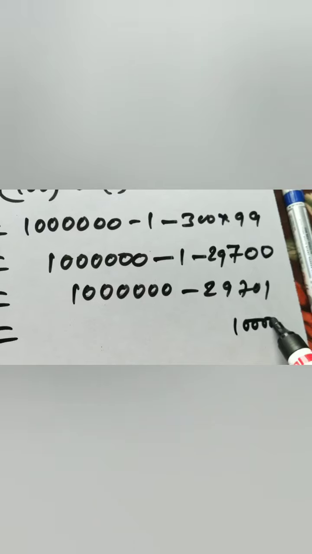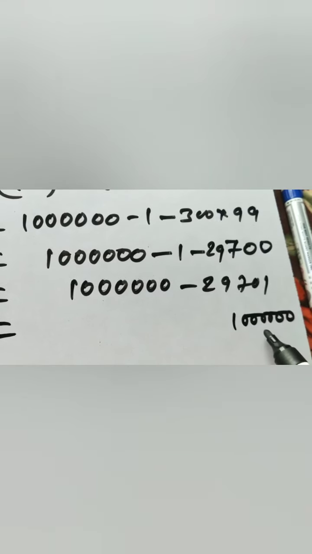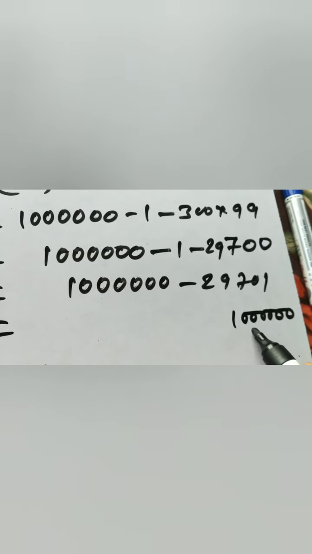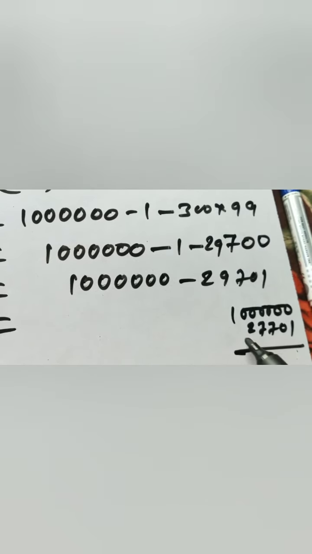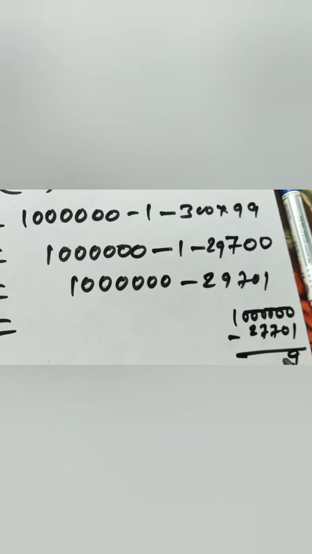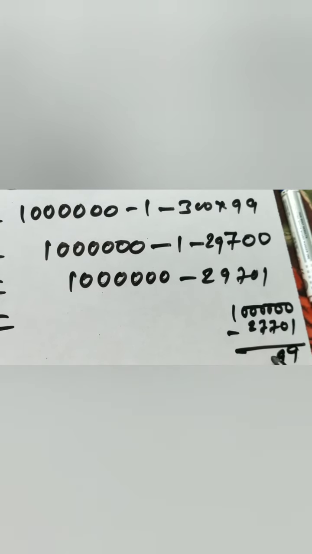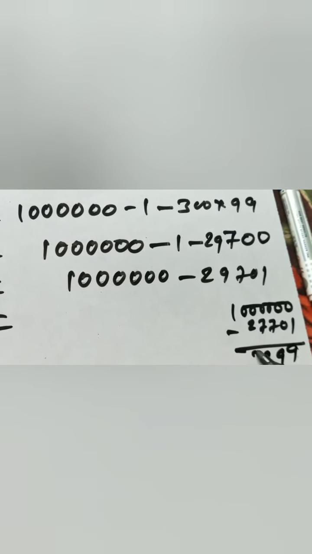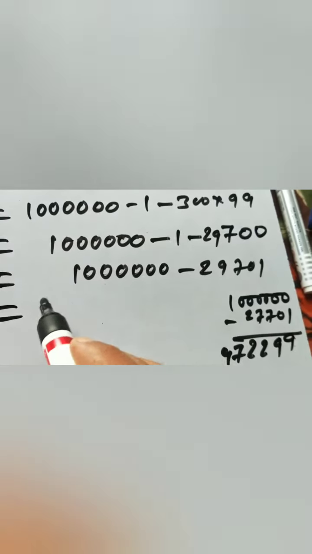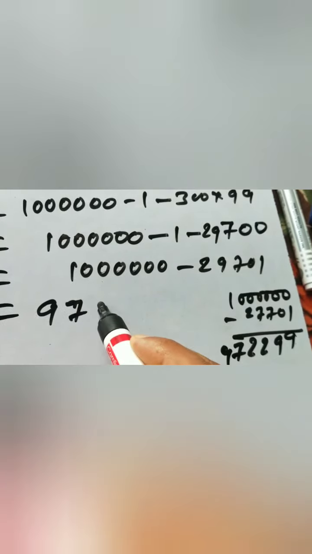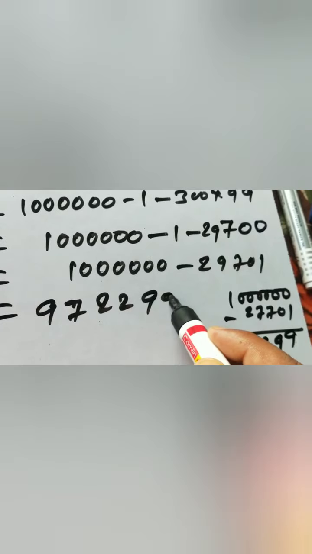If you have difficulty subtracting, then write it in the form of a column, 29701, and subtract it. This will be 9, this will be 9, 9, 7, 2. 9 minus 2 will be 7, and here will be 9. So it will be equal to 970299.